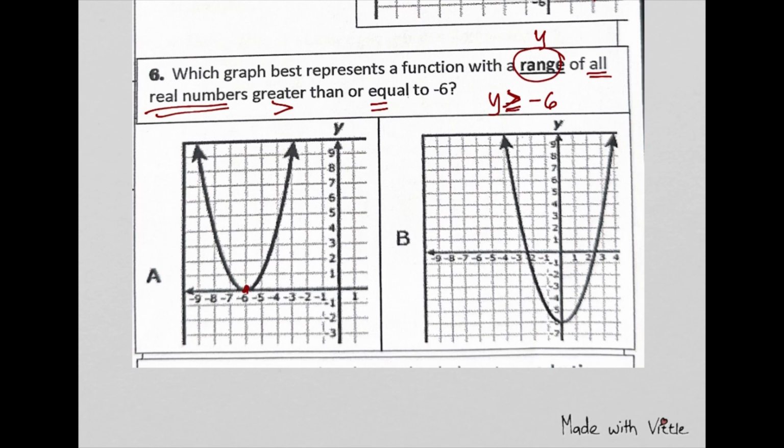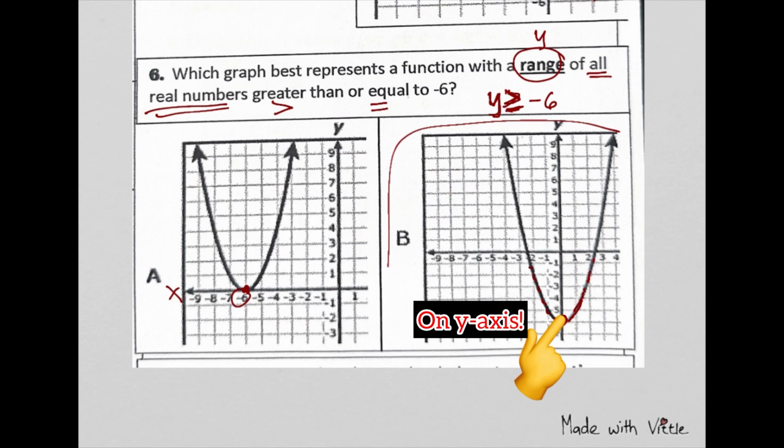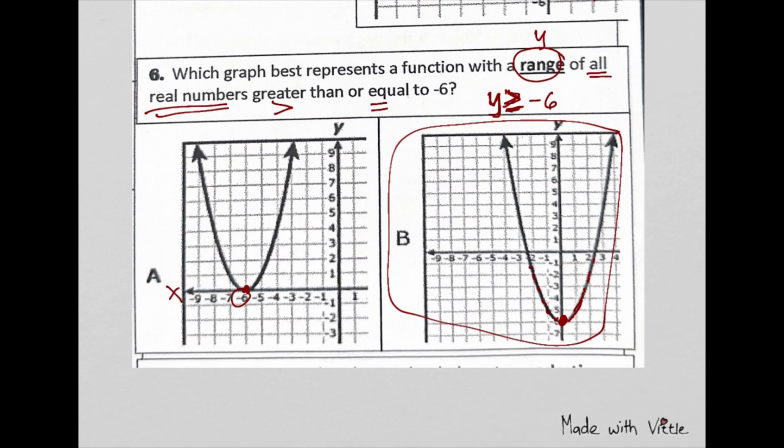This negative 6 here, is this a y? That's the x value. While here, this is a negative 6. And all the points will be greater than that negative 6. So all the y's will be greater than or equal to that negative 6. Therefore, this is the graph that describes y is greater than or equal to negative 6.